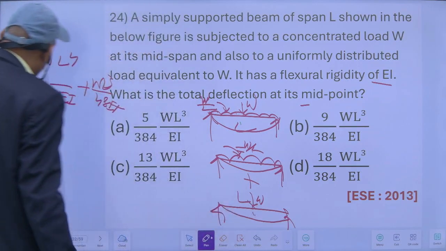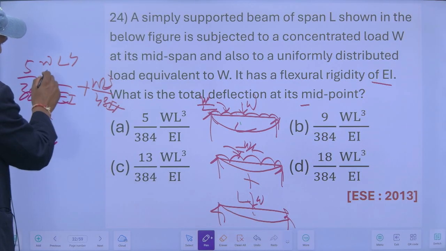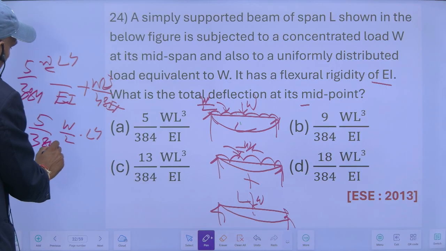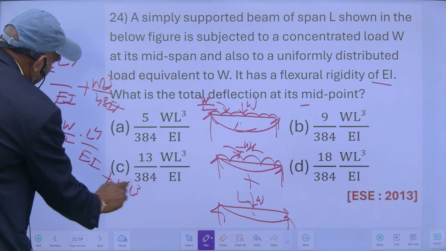In this case, this is 5 upon 384 and my small w is equal to capital W upon L into L^4 upon EI plus WL^3 upon 48 EI.